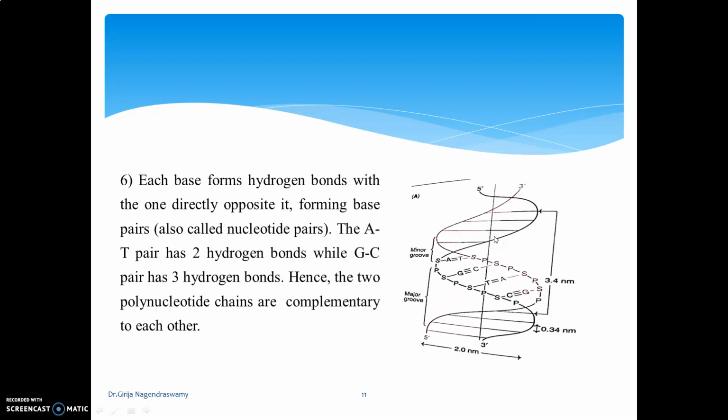Each base forms hydrogen bonds with the one directly opposite it, forming base pairs. The AT base pair has two hydrogen bonds, while GC pair has three hydrogen bonds. Hence, the two polynucleotide chains are complementary to each other.